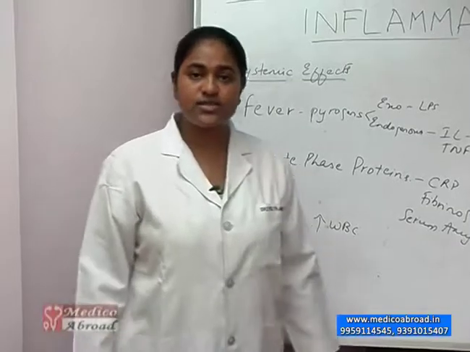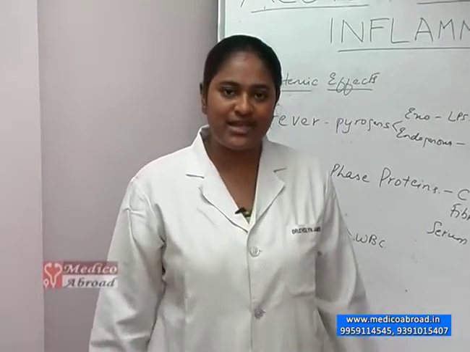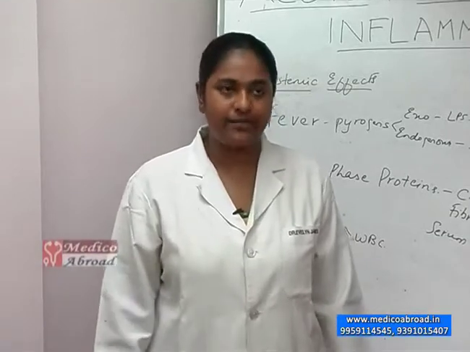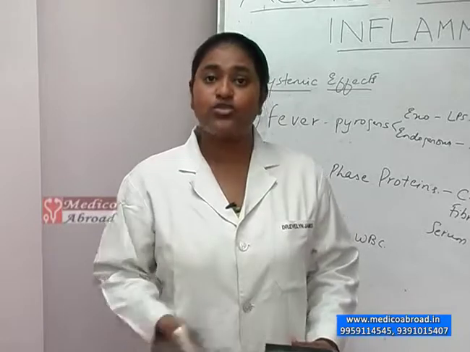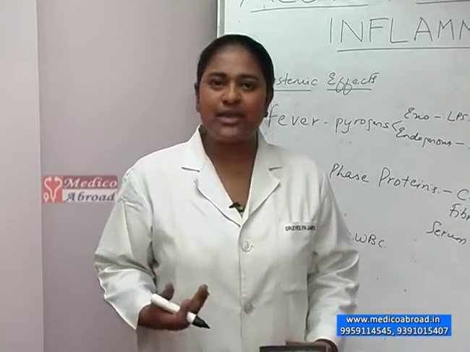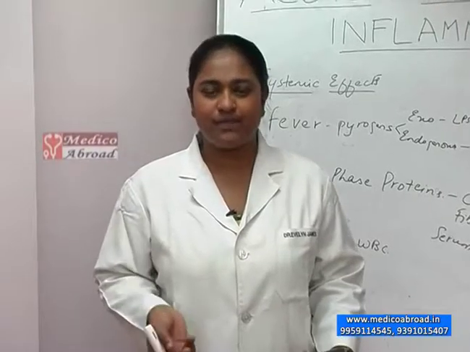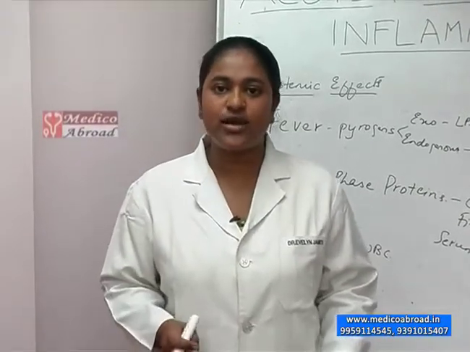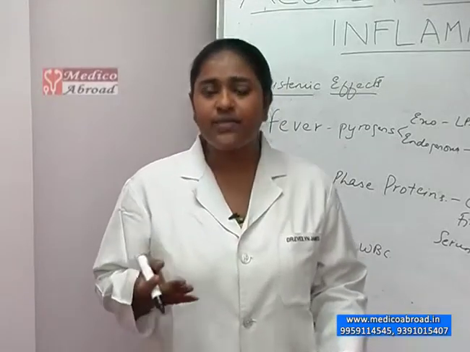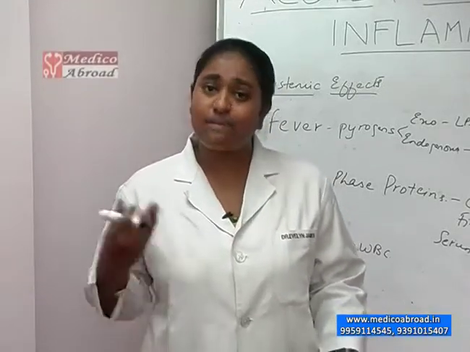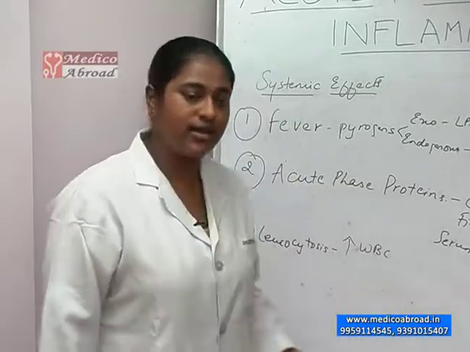This leukocytosis is within the range of 15 to 20,000 cells per cubic millimeter of blood. Sometimes the response may be very severe to the infection, and it may run in the range of 40 to 50,000 cells per cubic millimeter. This sort of reaction is called a leukemoid reaction because it looks like a reaction seen in blood cancer or leukemia. Therefore, it's called a leukemoid reaction.